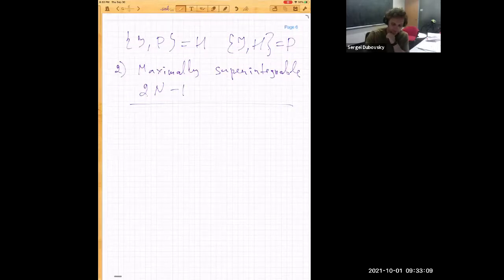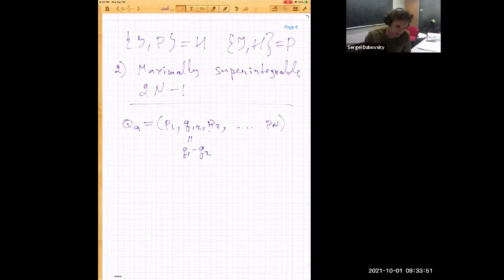But let me first explain how classical integrability comes about. To construct these charges, it's good to introduce the following notation. I treat all phase space variables democratically. By capital Q, I will call the set of P1, Q12, which is Q1 minus Q2, then P2, Q23, and so on.